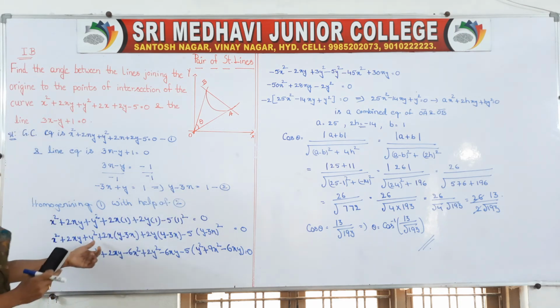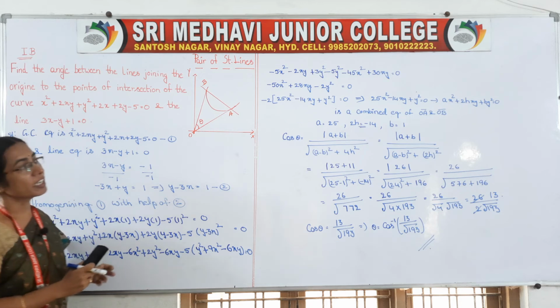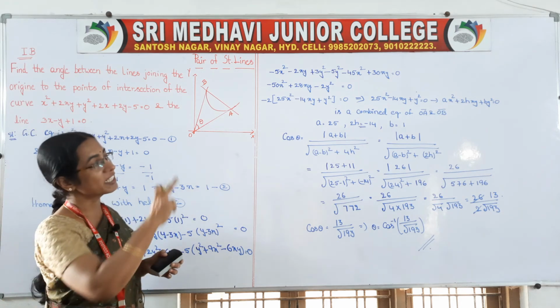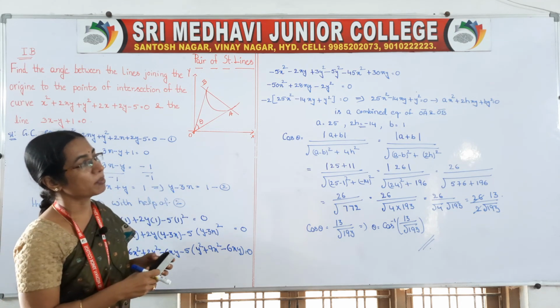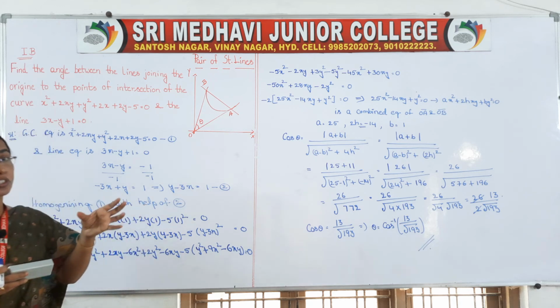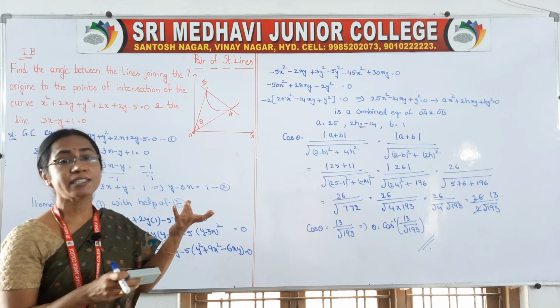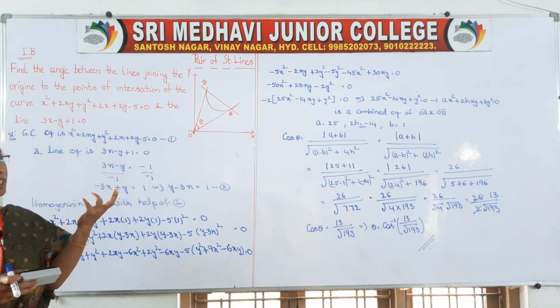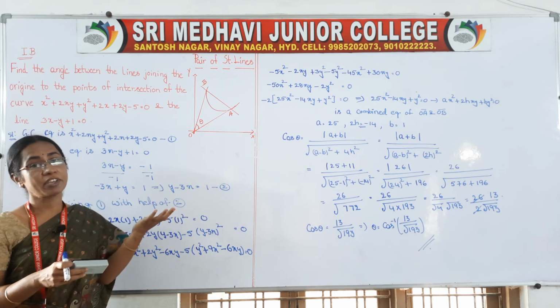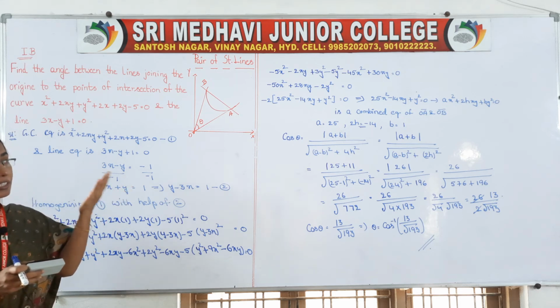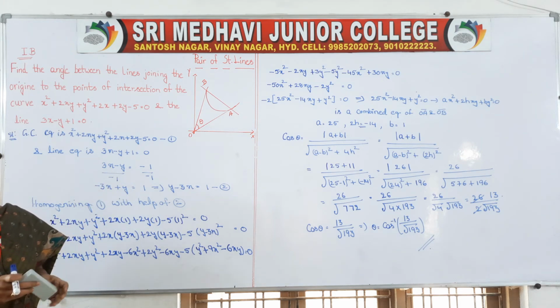Then simplify. Finally, you will get one homogeneous equation, ax square plus 2hxy plus by square is equal to 0 form. That is the general form; instead of a, h and b we can have any values. That is the combined equation of OA and OB.